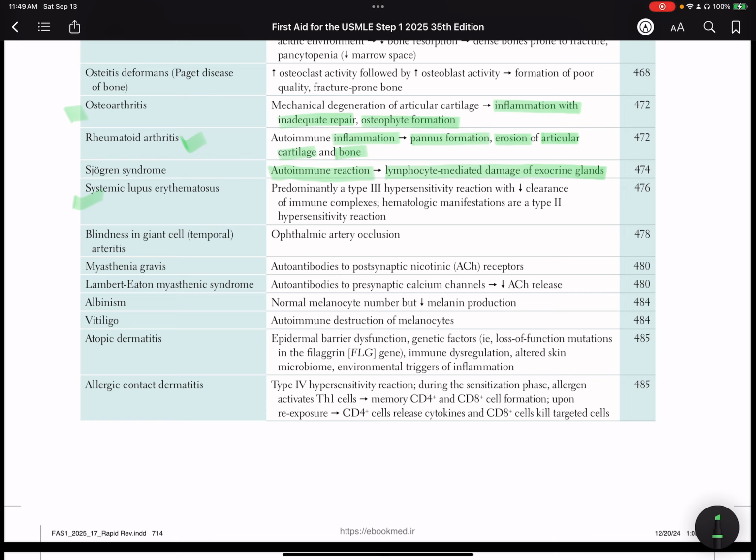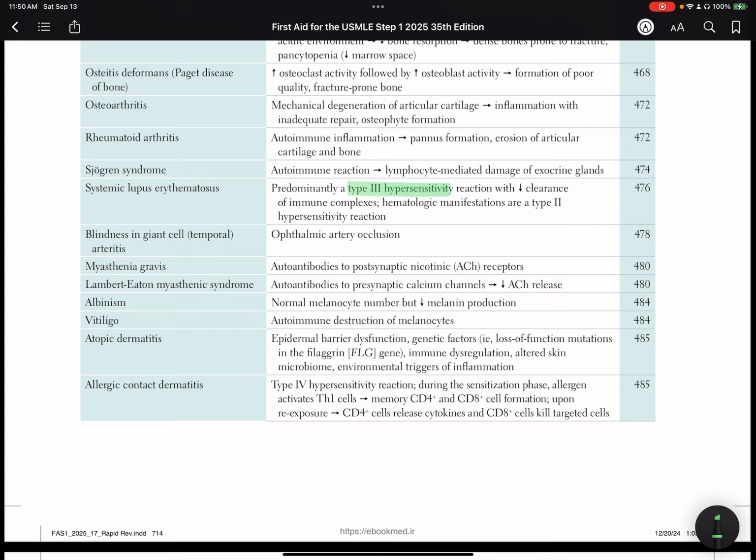It is predominantly a type 3 hypersensitivity reaction with decreased clearance of immune complexes.